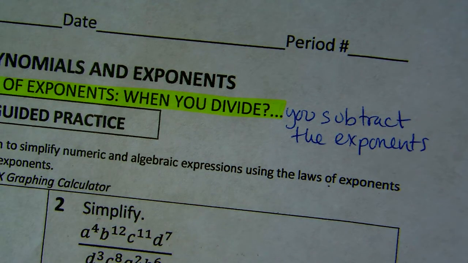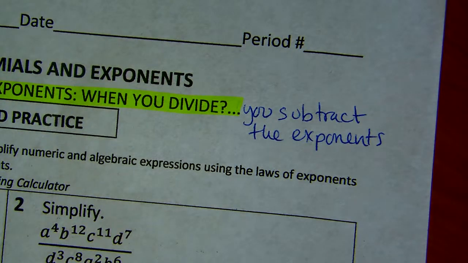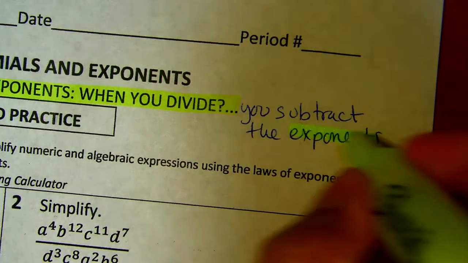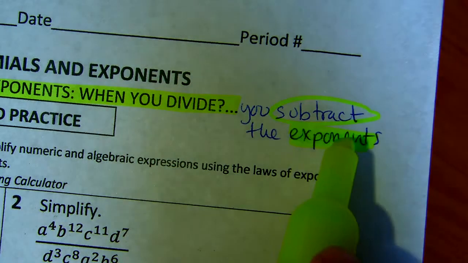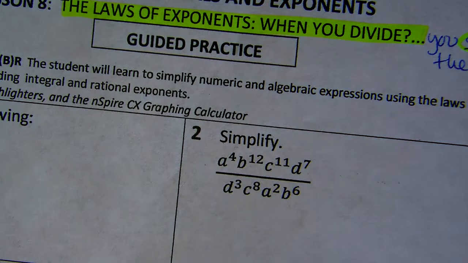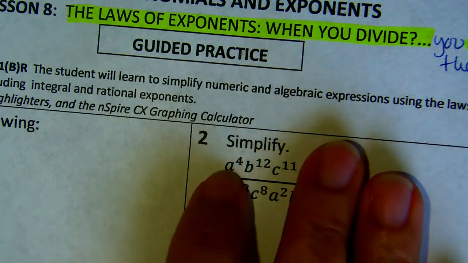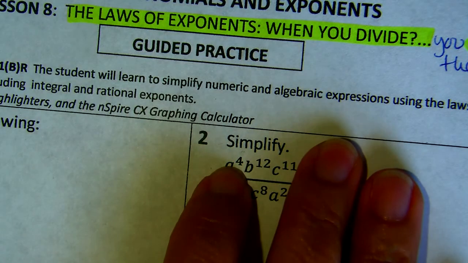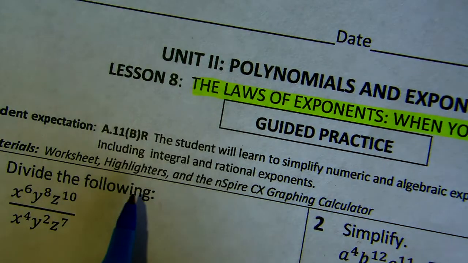When they have exponents, what do? You subtract the exponents, and I want you to highlight or underline the word exponents. Those are the only ones that you subtract the exponents. And remember, the exponents are the numbers on the top, all right? So if you have this letter right here, a to the power of 4, the exponent is the 4, all right?